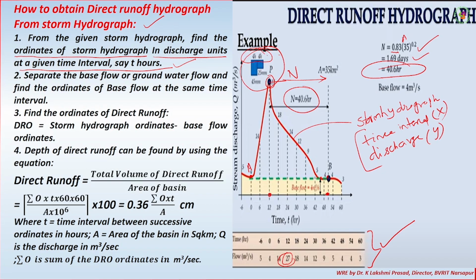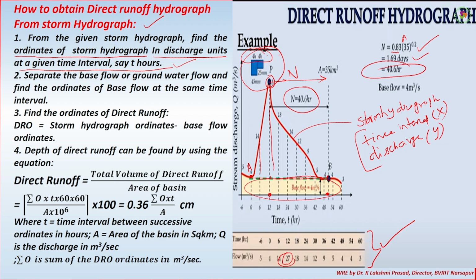That's all. So now join A to B. After joining A to B, whatever is below this is what we call the base flow, and above is what we call direct runoff. So these ordinates, up to the base flow, are all called direct runoff ordinates.